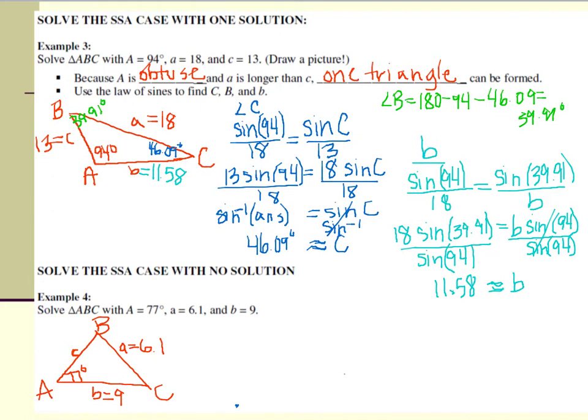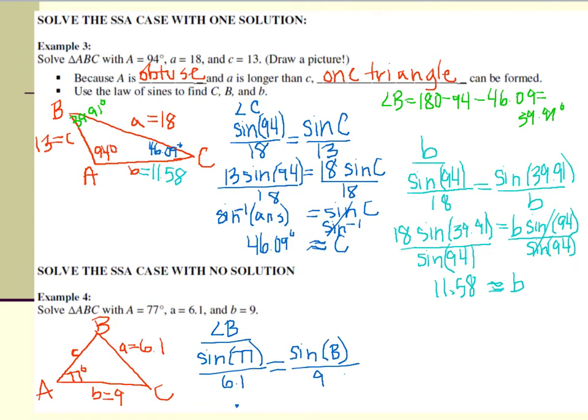So let's set up a proportion. Since we know these two, we'll set a proportion up there. We know that side B equals 9, so we're going to have to find angle B. To start, we're going to do the sine of 77 over 6.1, because those are the two that we know, both the side and the angle, equals the sine of B over 9.